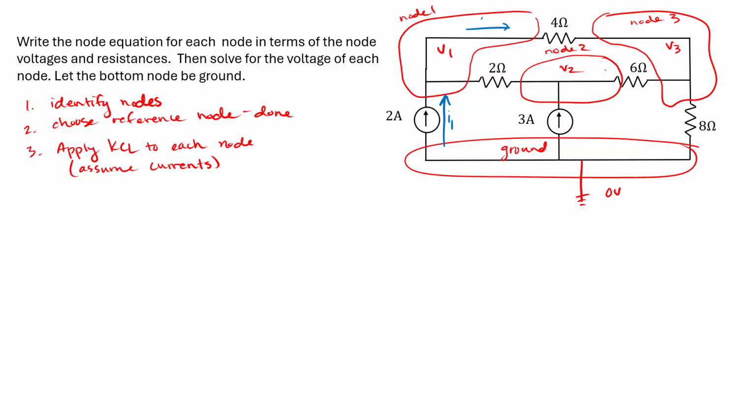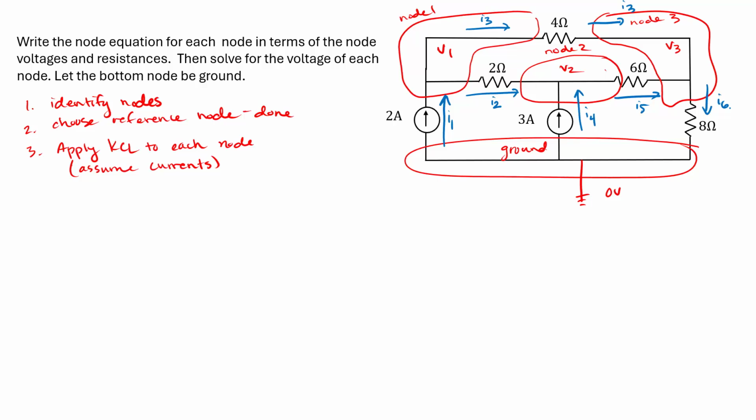I'm going to assume current I3 flowing to the right, I2 flowing to the right through the 2 ohm resistor, and then I will have I4 flowing upward. Notice I3 is still flowing into node 3. I'm going to assume I have I5 flowing through that 6 ohm resistor, and then a current I6 flowing downward through my 8 ohm resistor.